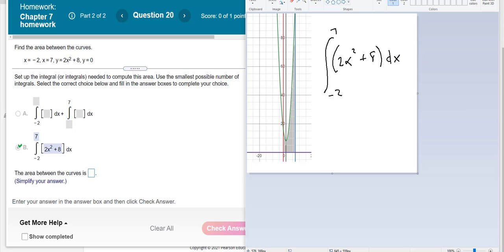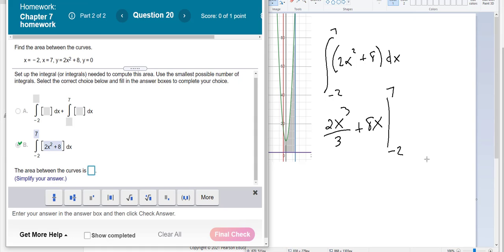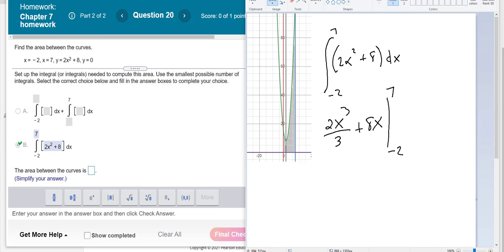Now you're just reversing your derivative rules. You're going to add 1 to the power and divide by the power. For the 8, you add 1 to the power, which is 0, and divide by the power, which is 1. Normally you would need a plus c, but because this is a definite integral, we don't need the plus c.